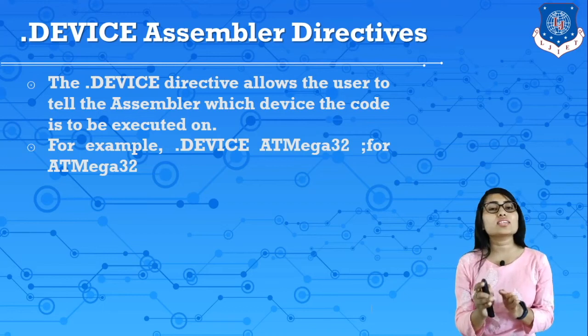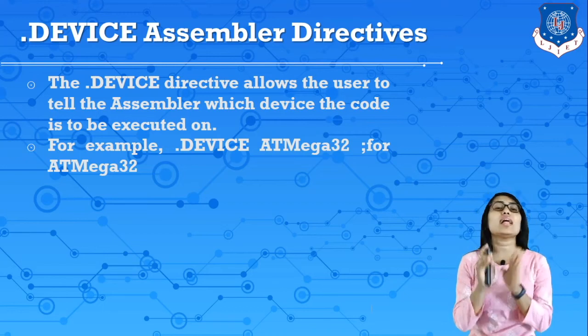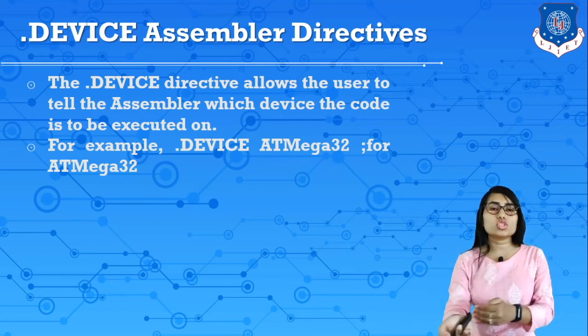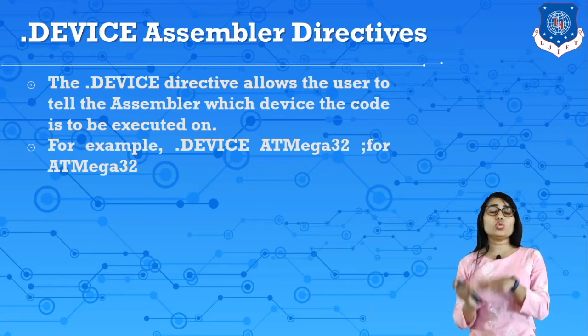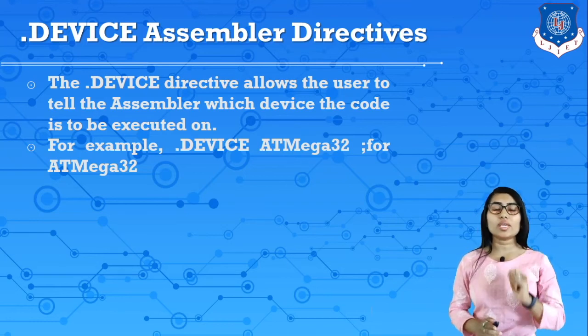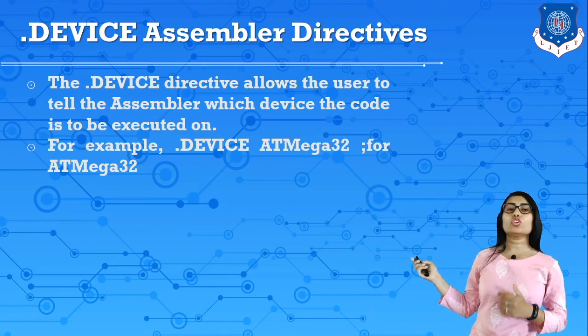By writing this kind of directive we tell the assembler which controller is used. So .device ATmega32 means this code is written for the ATmega32 AVR microcontroller.